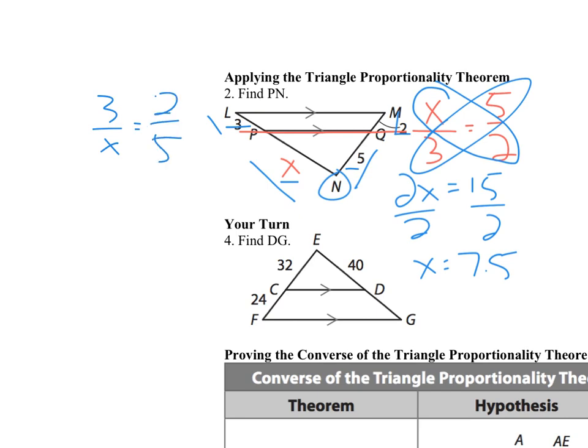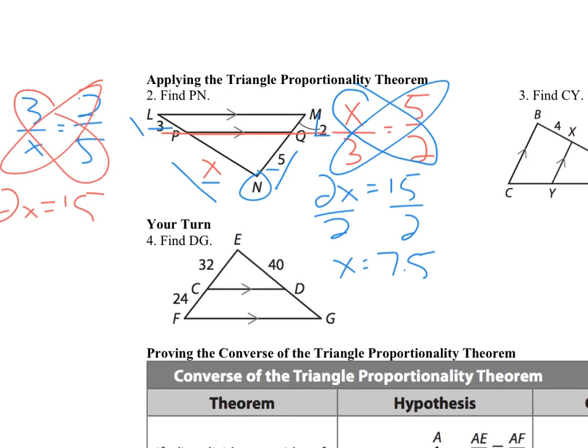As long as you keep the segments consistent, when I cross multiply, I still get 2 times x, which is 2x. I still get 3 times 5, which is 15. So it does not matter. That's that reciprocal idea that we just talked about in our proof. Okay, so it doesn't matter as long as you keep the relationship of where they stand together.